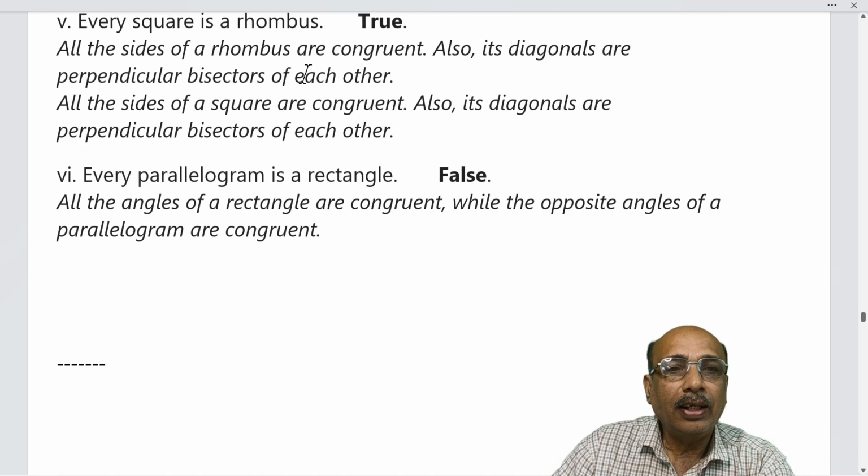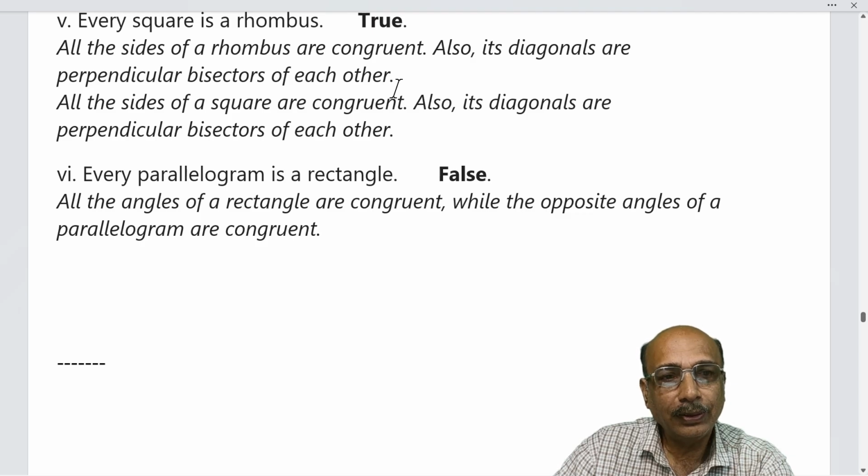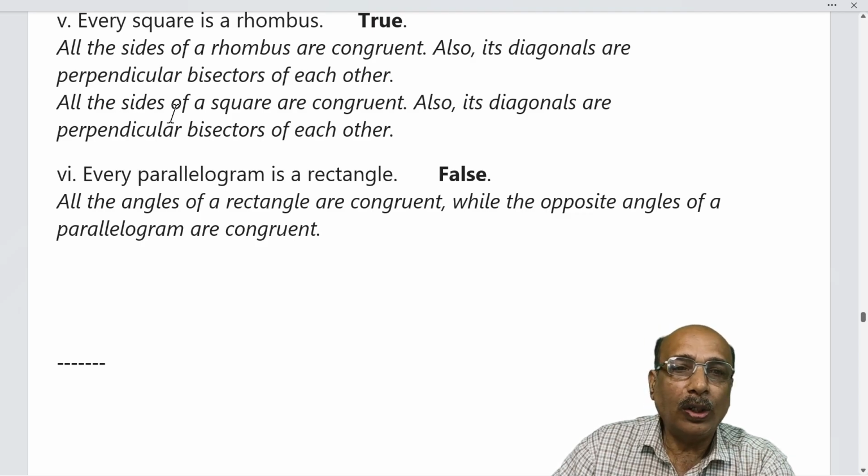Next, every square is a rhombus. True. All the sides of a rhombus are congruent. Also, its diagonals are perpendicular bisectors of each other. All the sides of a square are congruent.